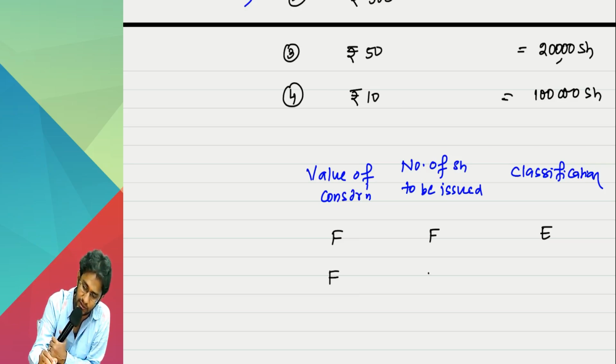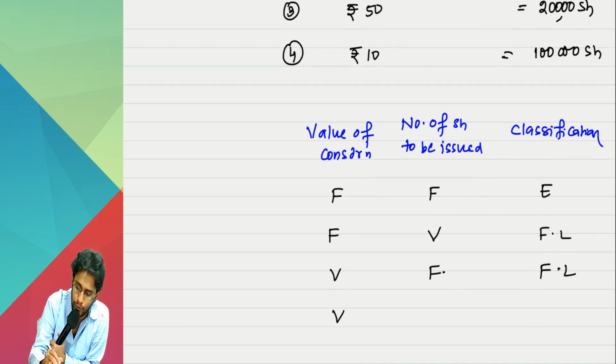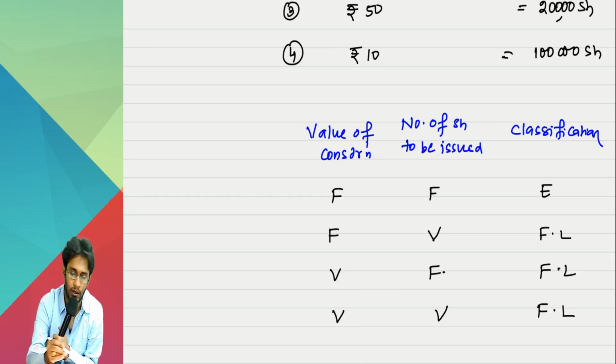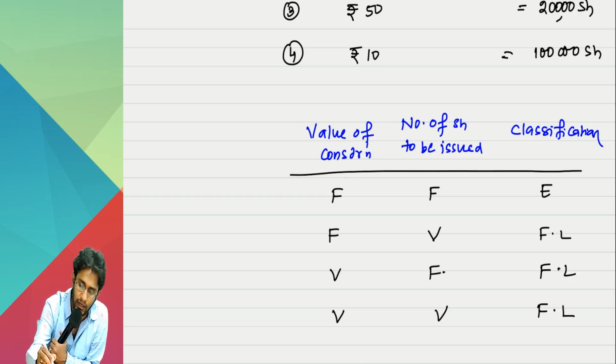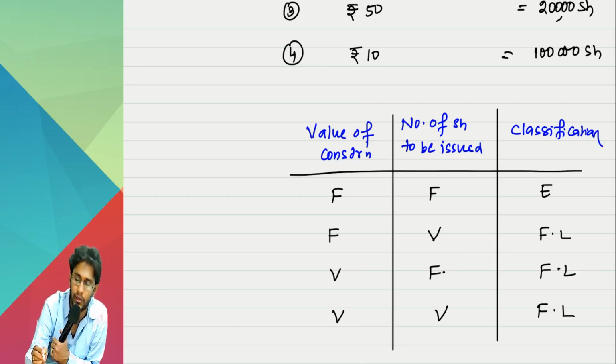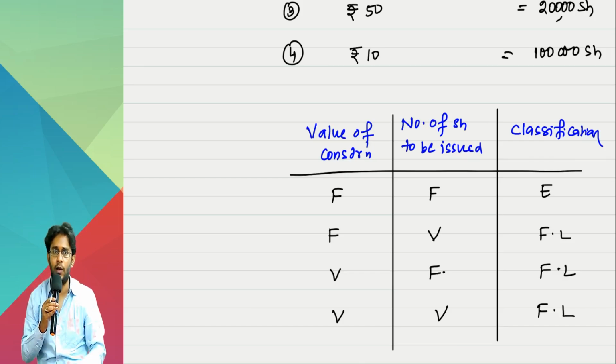This is fixed, this is variable, financial liability. This is variable, this is fixed, then in that case financial liability. Both are variable, also a financial liability. Sir, there is only one case of equity instrument, in which both the elements should be fixed, then only equity instrument. If any element is variable, then the entire contract is treated as a financial liability. Are we clear with the basics, sir?